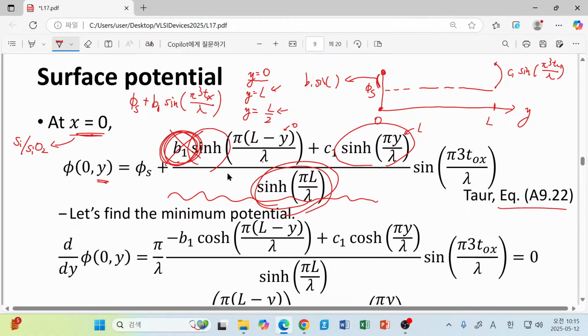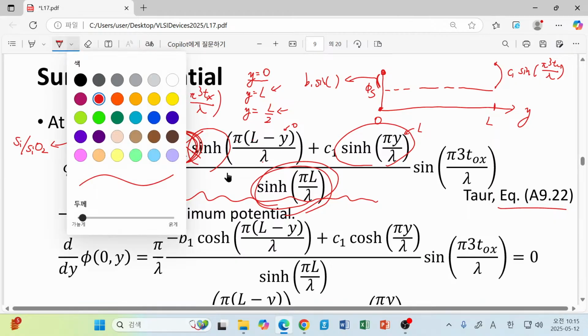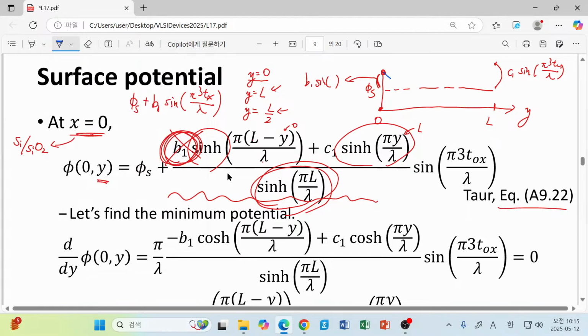And for other parts, we can expect exponential decay of this information from B1, and also exponential decay from the impact of C1, and inside it, the value will be just given as phi s. This is the expected behavior of our surface potential.